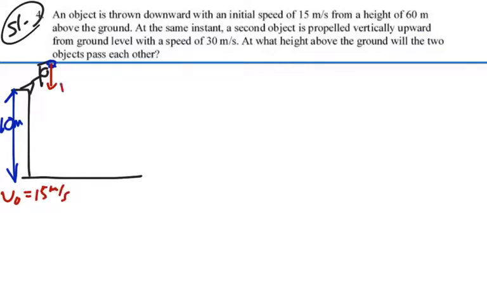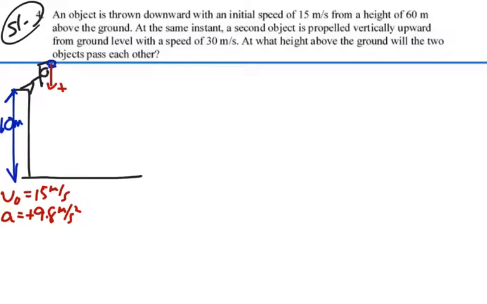And we're going to define that direction as our positive direction. So that would make our acceleration a positive 9.8 meters per second squared, because that's already in the down direction. And that makes sense because it's going to speed up the ball as it's going down. So it's going to be a positive acceleration.